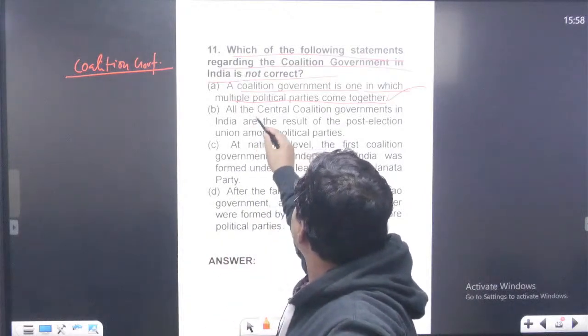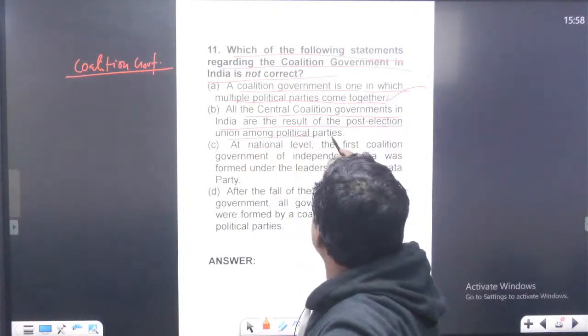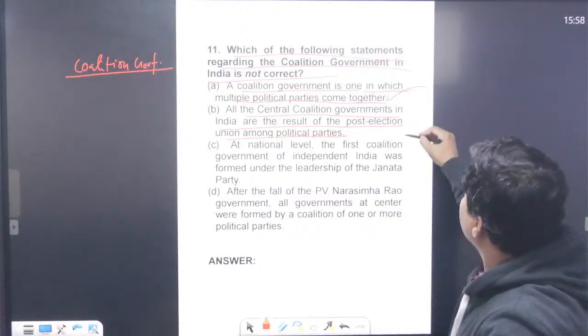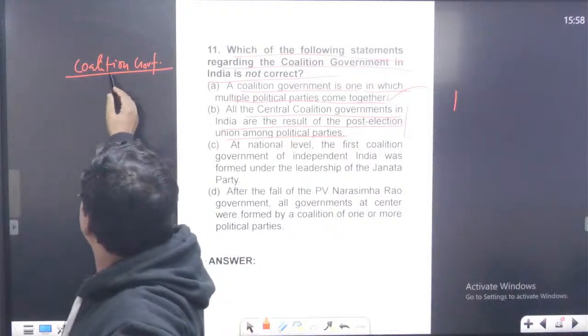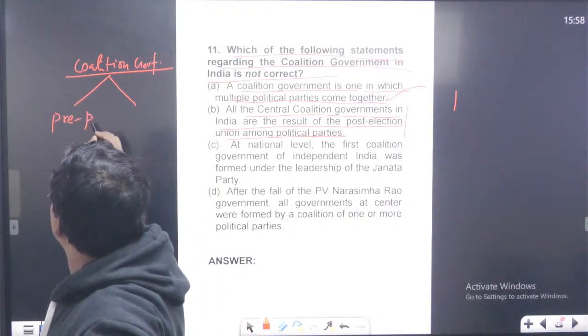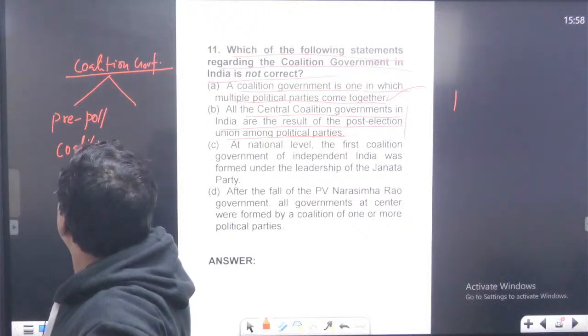All the central coalition governments in India are the result of post-election political alliances. No, this is not correct. If you look at coalition governments, there are two types on the basis of poll. One is called pre-poll coalition. What do you mean by pre-poll coalition?